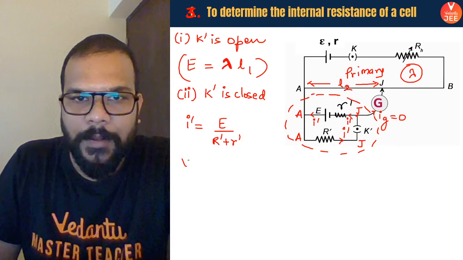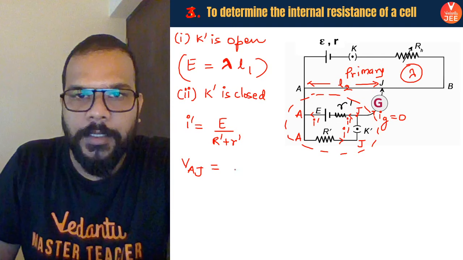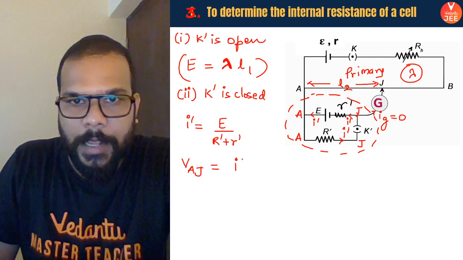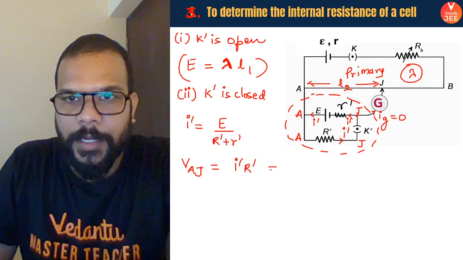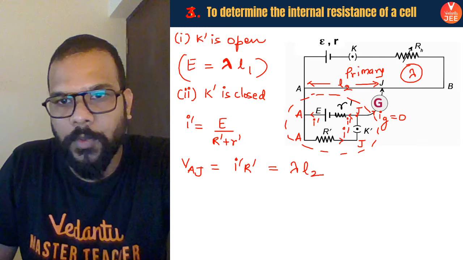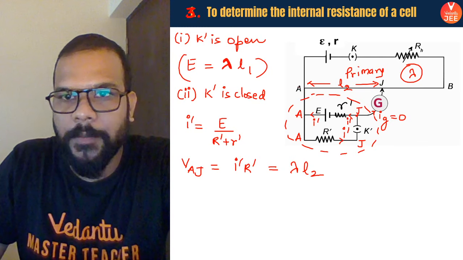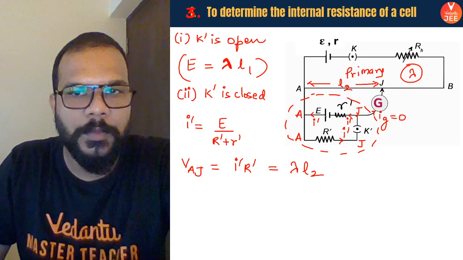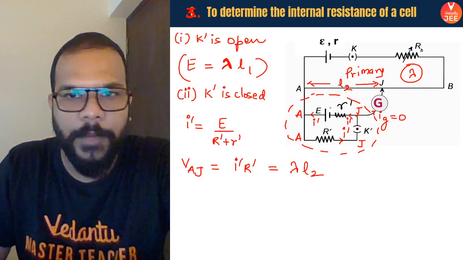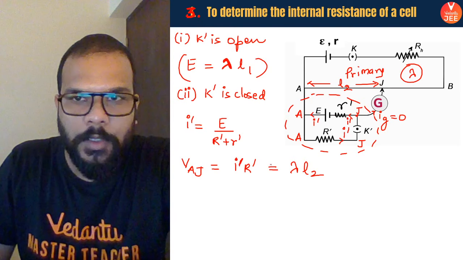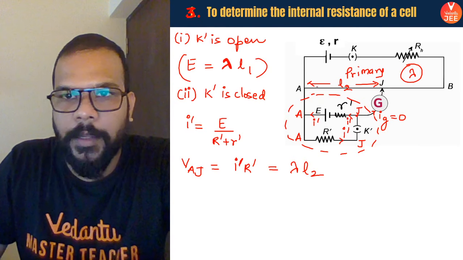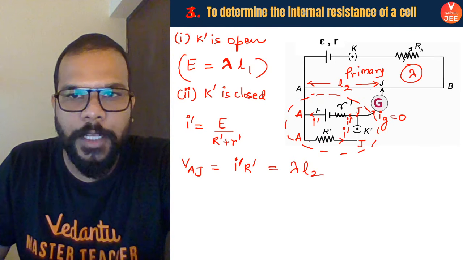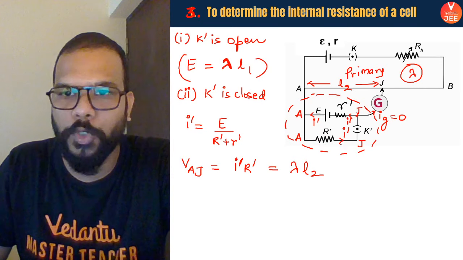And can I say that VAJ is going to be I dash into R dash and is also equal to lambda into L2. So for this part, the topmost part AJ and the bottommost part AJ, you can actually use this middle branch also, not a problem at all. So I'm choosing the AJ at the wire AB and the other AJ branch as the bottommost branch here.